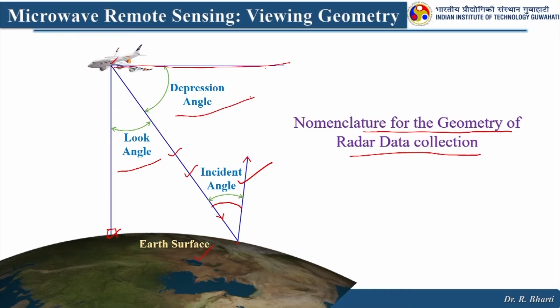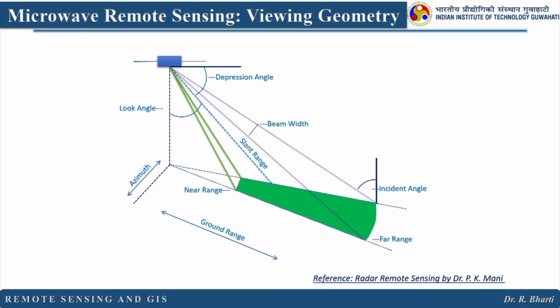I have another image to explain all these geometries. So, let us see here. This is your satellite or the sensor, it does not matter where it is, it can be in space or maybe an airborne platform. Now, let us go one by one. Here you can see the image which has been generated, or we are trying to generate.